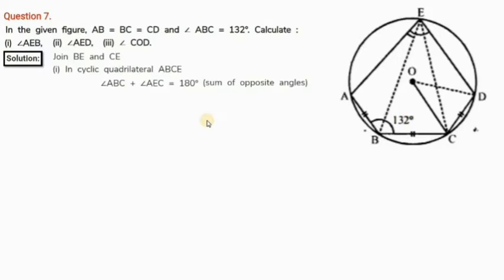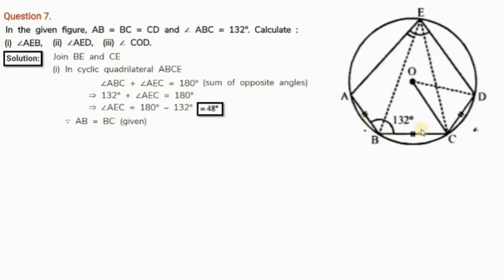Do we know ABC? Yes, we know ABC is 132. So from here AEC turns out to be 48 degree. AEC is this one. Please note that this is not our answer. The first question is AEB. It is given that AB and BC both are equal, right?